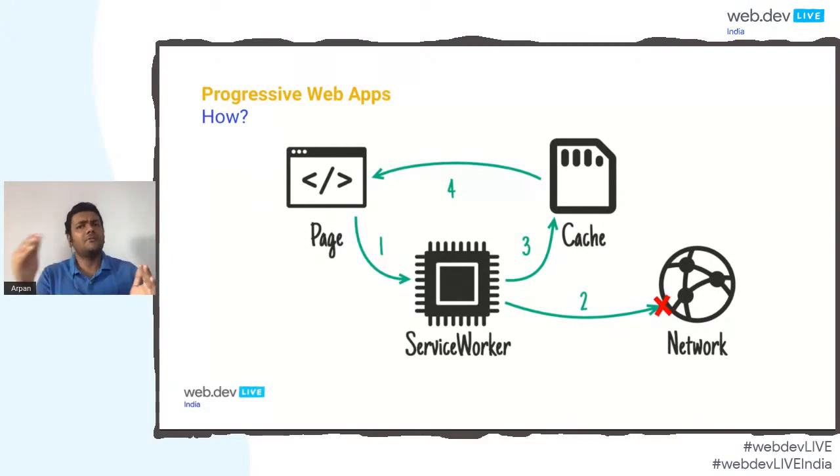And as soon as the network comes up, in the background, it will start interacting with the network, getting the latest items, and then it will serve them to the user. If you've ever used Wikipedia on mobile, it gives you an option to download the article in the background. How does it do it? Well, for you to think.